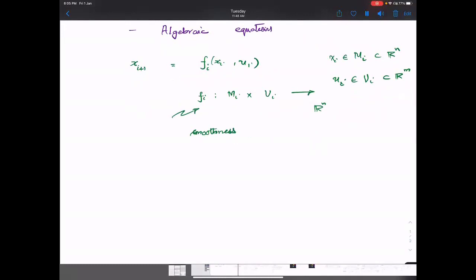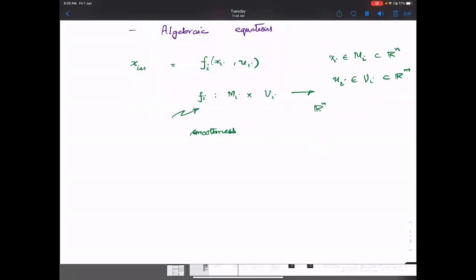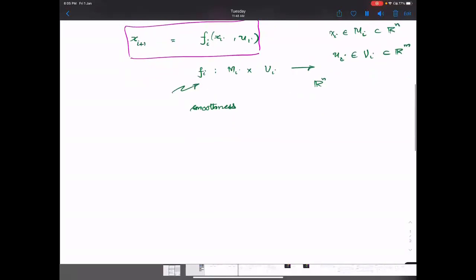All right. So now let's realize the first trick or manipulation that we can perform on this equation. I can write that equation in this form.